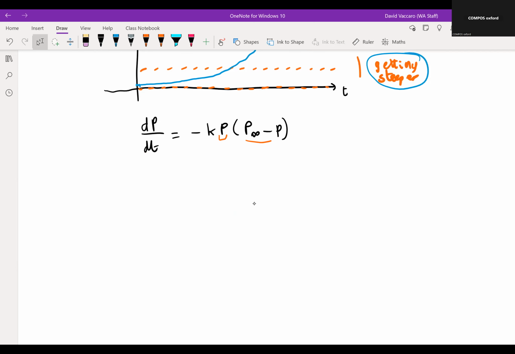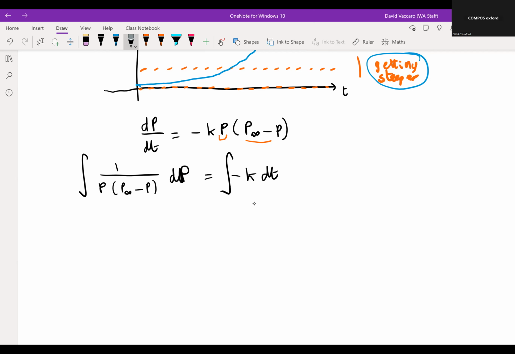Good. I want to get all the p's on one side, so I just treat everything like a fraction, and I put every term with a p on one side and every term without a p on the other side. This makes no sense, but it will make sense if I just wrap everything in an integral.